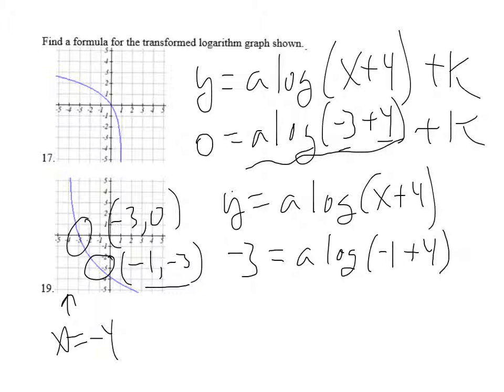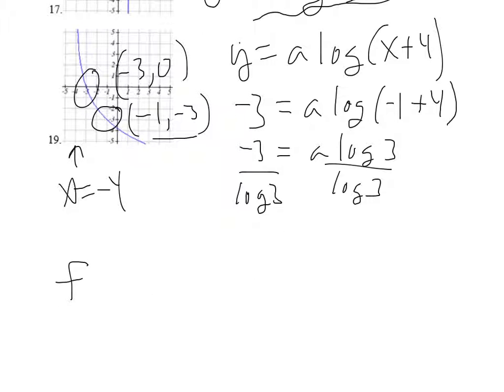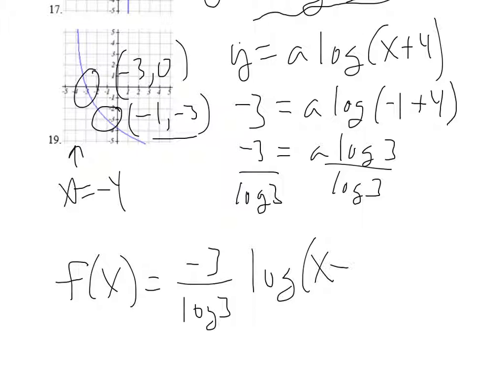And then that gives me negative 3 equals a times the log of 3. So I'm going to divide by the log of 3, and that's what I think a is. That gives me f of x equals negative 3 over the log of 3 times the log of x plus 4.